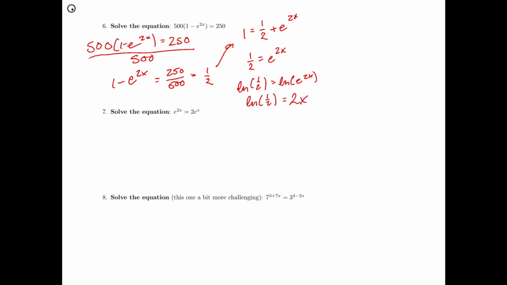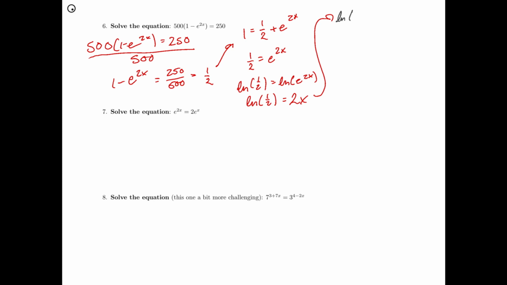Now, let's be careful with what we want to do here. So this is going to be interesting. Before we do anything, let me show you what's going to happen on the left side of this equation. I'm going to leave 2x as 2x right now.